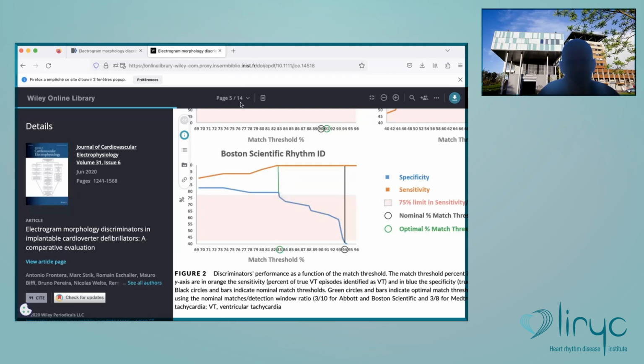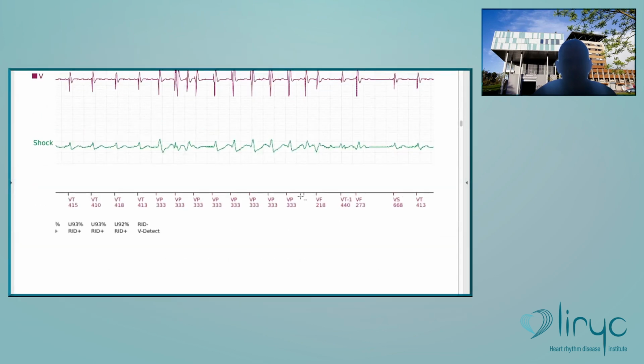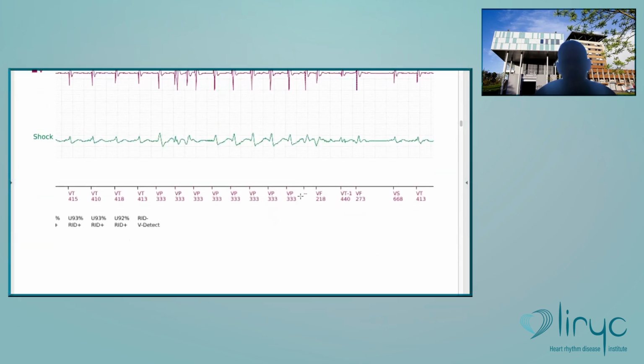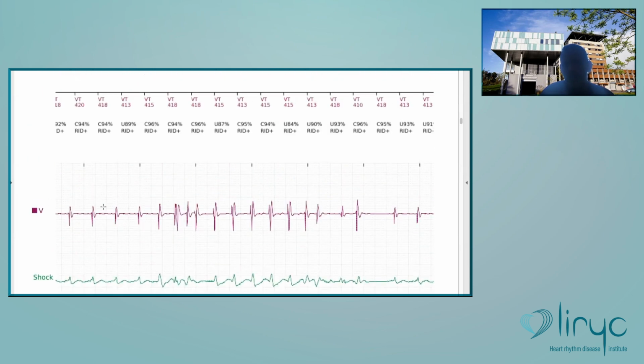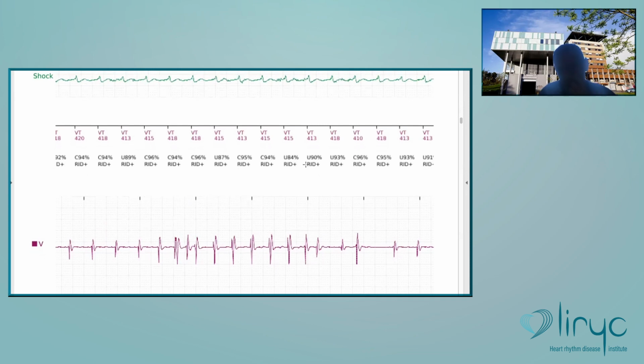It's clear? For example, in the tracing that I've shown you, if you consider this threshold of 83%, all the cycles will be correlated, and no inappropriate therapy would have been delivered. So let's consider that this patient has received 8 shocks.